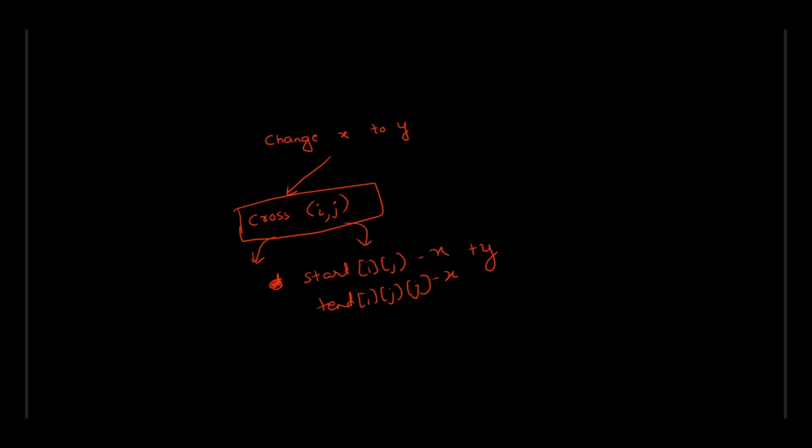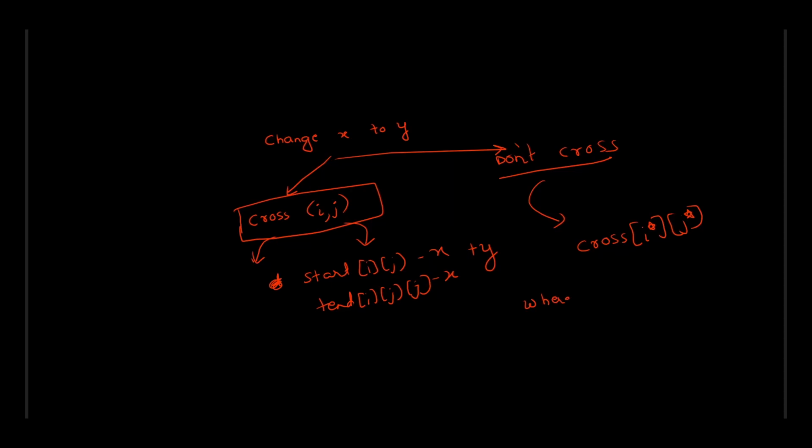And when you don't cross i j, then the answer is the max on the anti-diagonal, which is nothing but cross i star comma j star, where i star comma j star are the cells on the same anti-diagonal as i comma j.